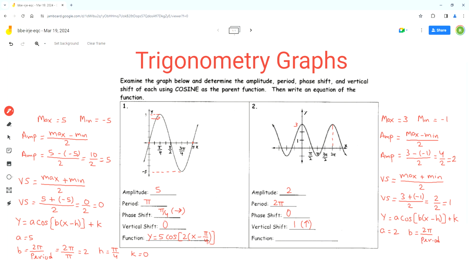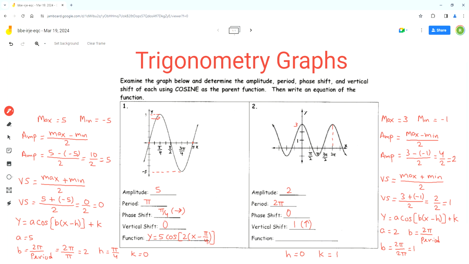Now the period for this function is 2 pi, so we get b equals 2 pi over 2 pi, which is equal to 1. Now the h value, which represents the phase shift, is equal to 0. And then the k value, which represents the vertical shift, is equal to positive 1 because it's in the upward direction.